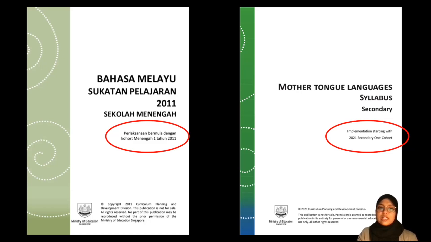Pelaksanaan bermula kohort menengah 1 tahun 2011, meaning the first cohort taking this syllabus started in 2011. However, for the new one, the 2021 secondary one cohort will be the first cohort to take this new syllabus.